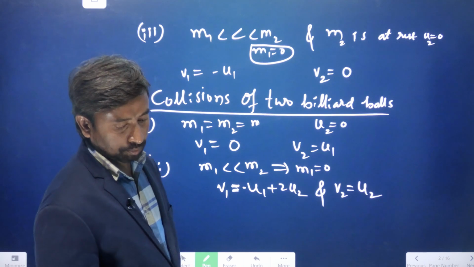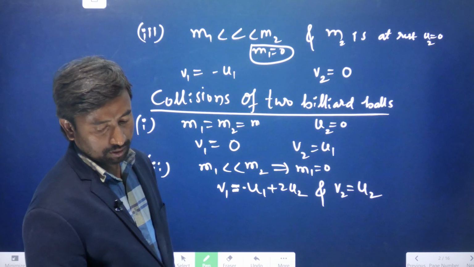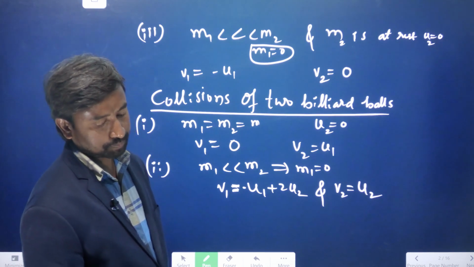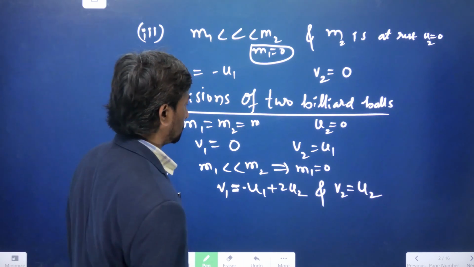Next application: a body of mass m1 moving with velocity u1 collides elastically with a stationary mass m2. So u2 will be 0 here.